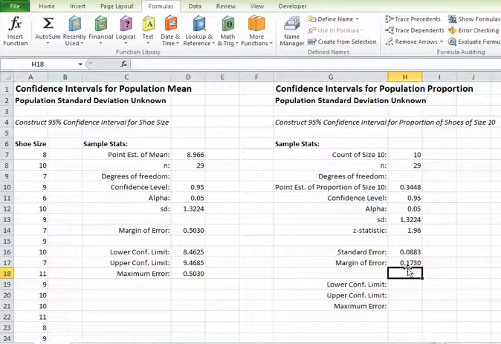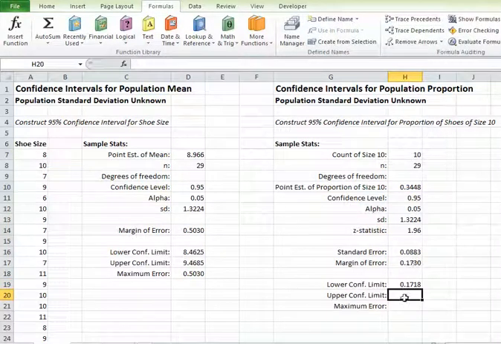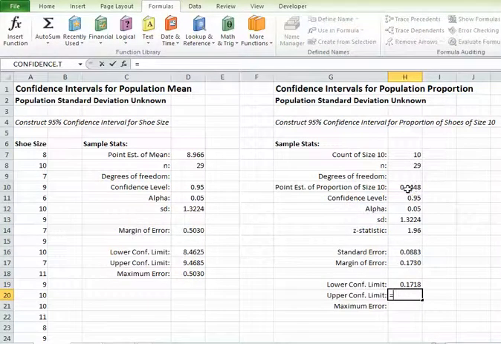There's my margin of error. That number is going to determine my upper and lower confidence limits of the proportion. So now I can calculate those by saying point estimate of proportion minus margin of error, and the point estimate of the proportion plus the margin of error.